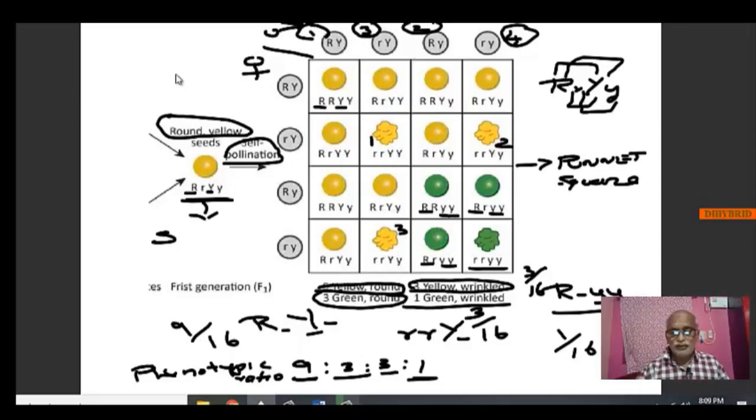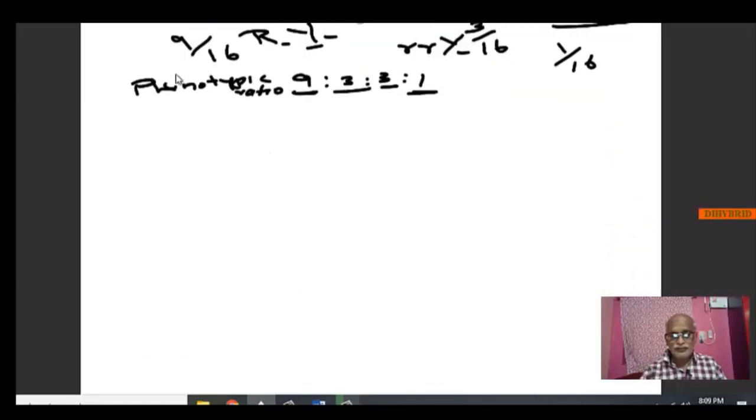What we used to remember is, first, while you are reading the dihybrid cross, see the definition. Then who performed the cross?